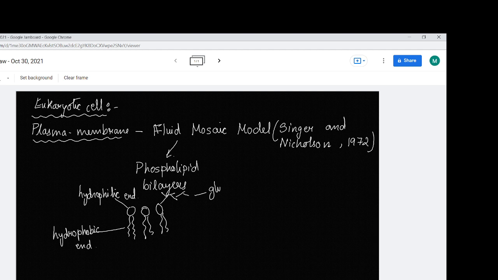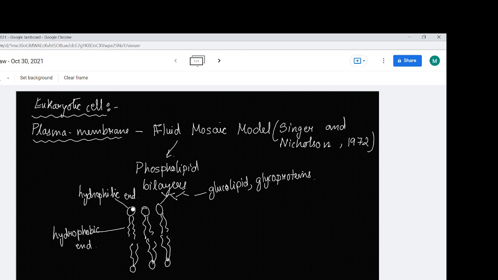So some can be glycolipids and sometimes glycoproteins. There are two kinds of proteins that are found in this membrane. So let me first complete drawing the bilayer. This is the phospholipid bilayer.